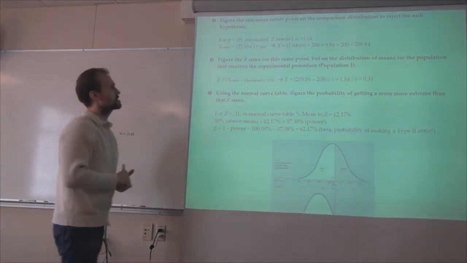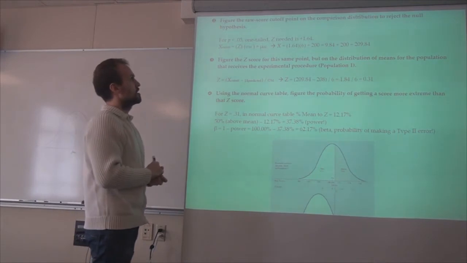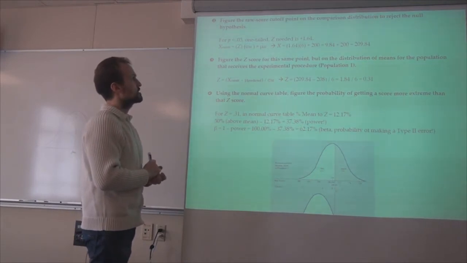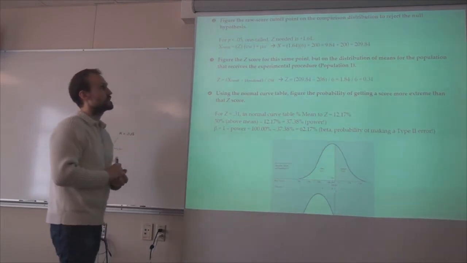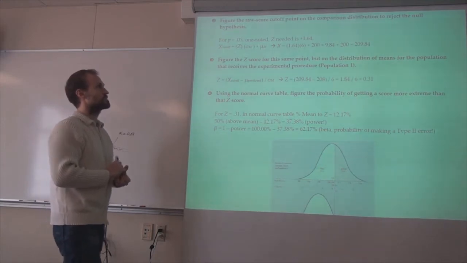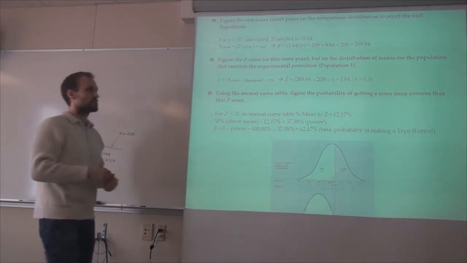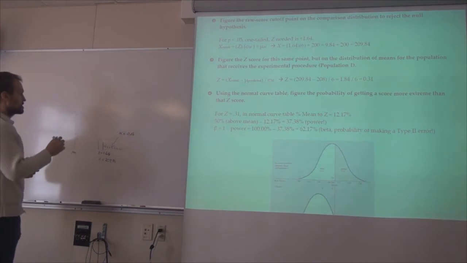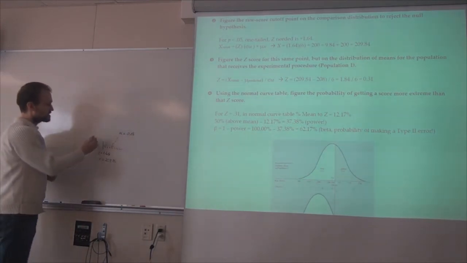So I've got the 209, and now I want to calculate the z-score for this point, but on the distribution of means for the population that receives the experiment. So let me put it over here.